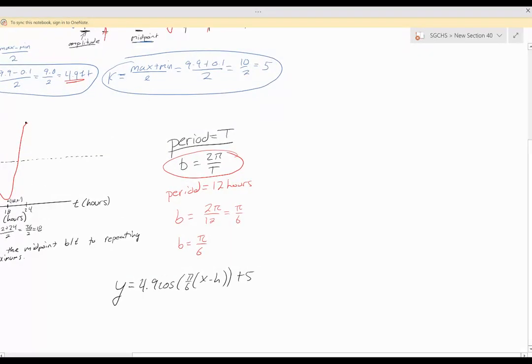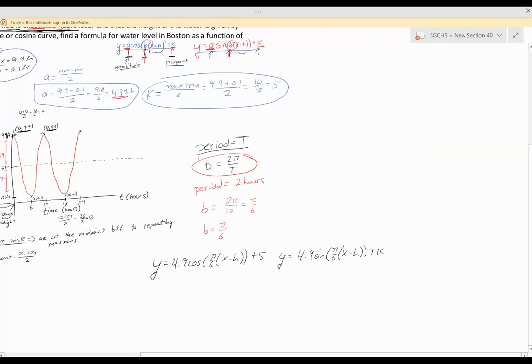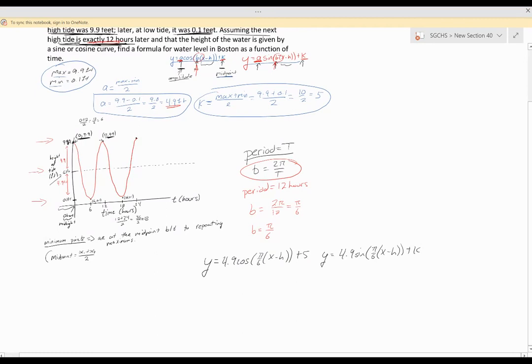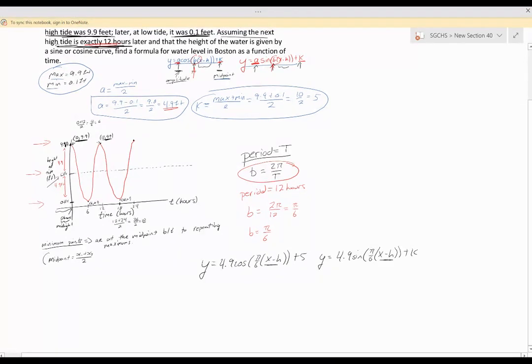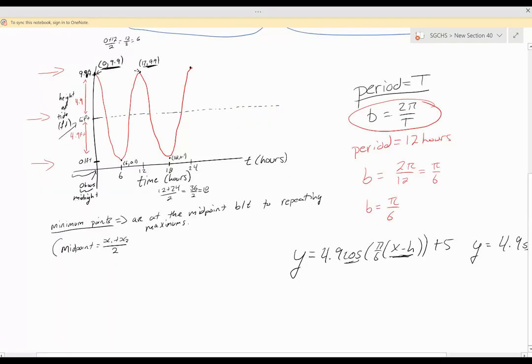If we did it for our sine function, it's going to be the same thing, simply with sine. 4.9 sine pi over 6, x minus h plus k. Now at this point, we can start solving for those phase shifts. Remember, phase shifts, so that h value, is unique depending on your sine and cos. There's an infinite amount of h values that we can put in here, but we'll talk about that right now.